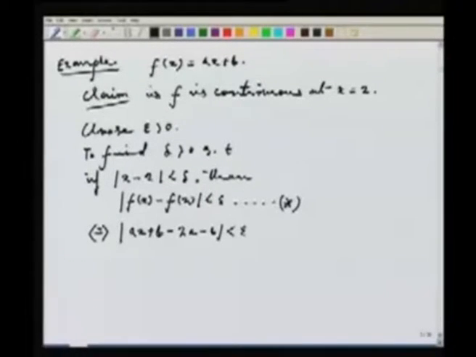Okay? Now let's try to estimate, look at this quantity. First of all, what you get is that this b cancels out. So what you are left with is |a| times |x - 2| < epsilon. Still my job is waiting for me. I have to find a delta. What is delta?